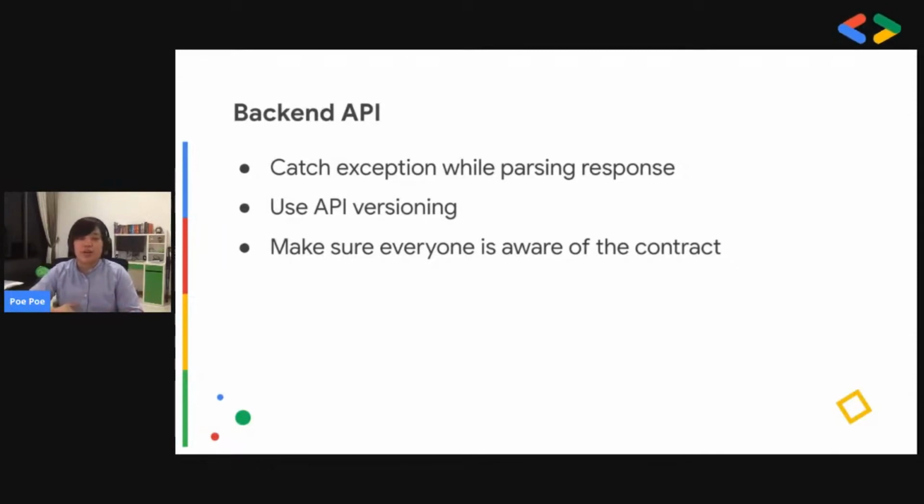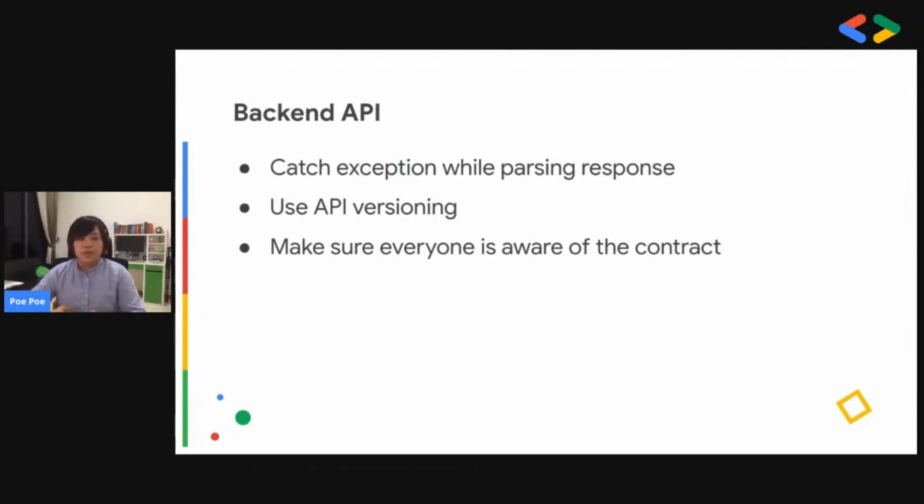Mobile is different: you cannot take back or deploy within an hour. If you make something crash, for backend you can redeploy or roll it back. But with mobile, once the code is out there, you cannot take it back.